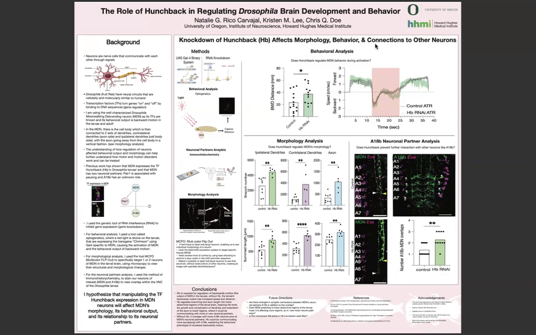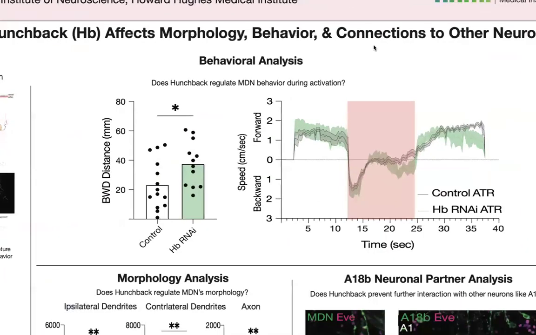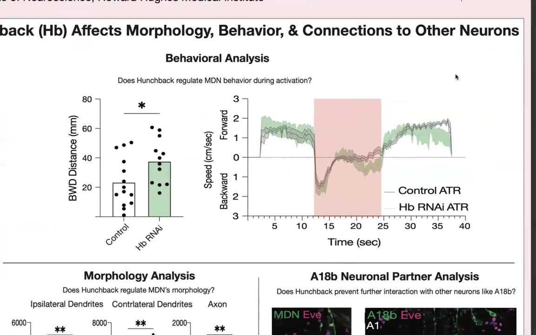So to get into the data, I first started out with behavior because we knew that there was a behavioral output. So I wanted to see what Hunchback would do when it's knocked down to the behavior.